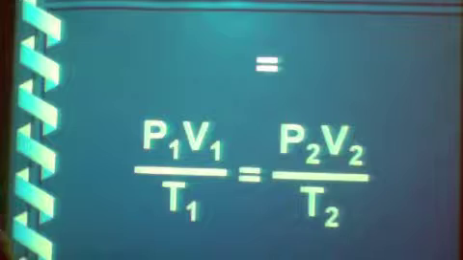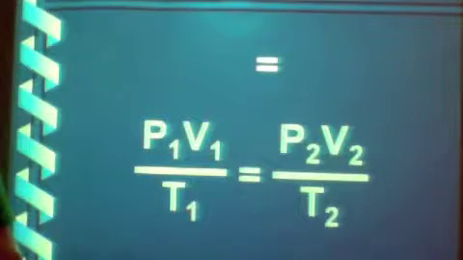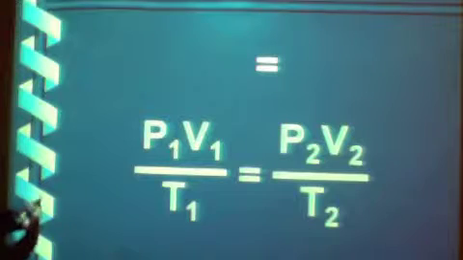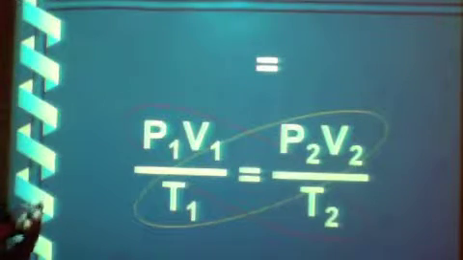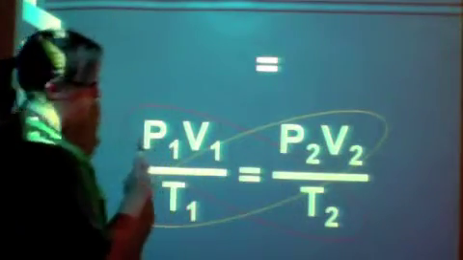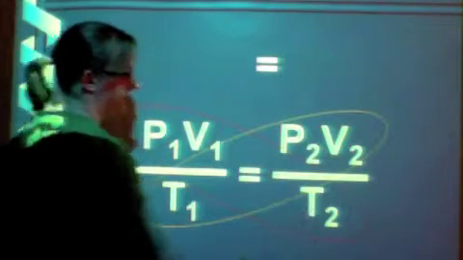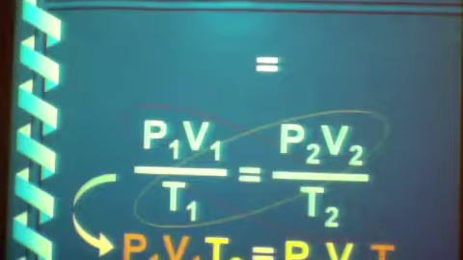If you have fractions on both sides of the equation, what does your teacher tell you to do? They tell you to cross multiply. So when you cross multiply, you're going to do T1 times P2V2 equals P1V1 T2, and you get this equation.